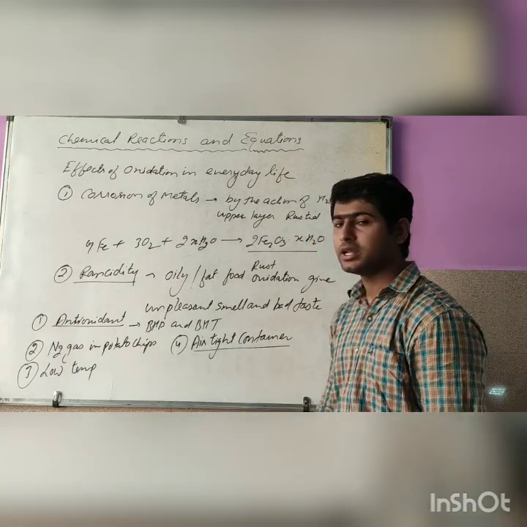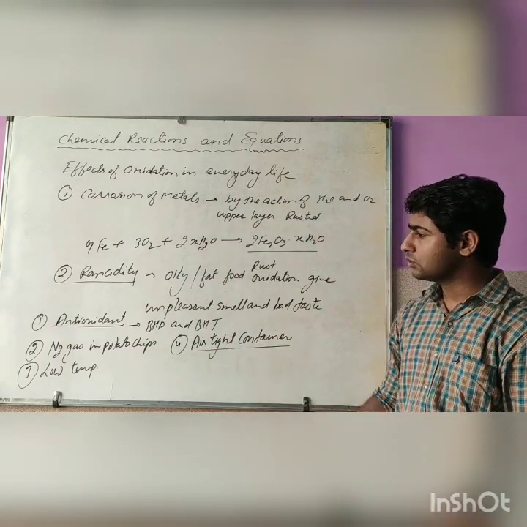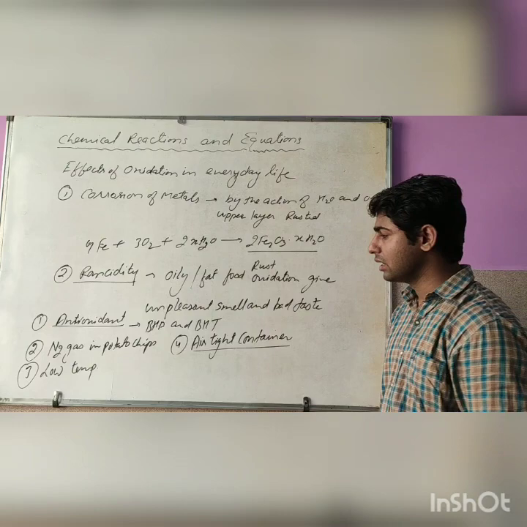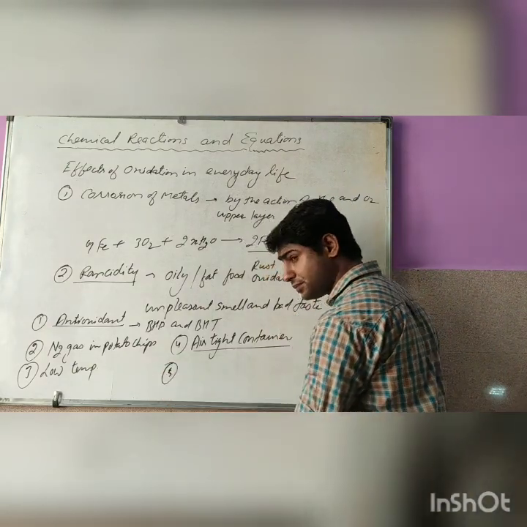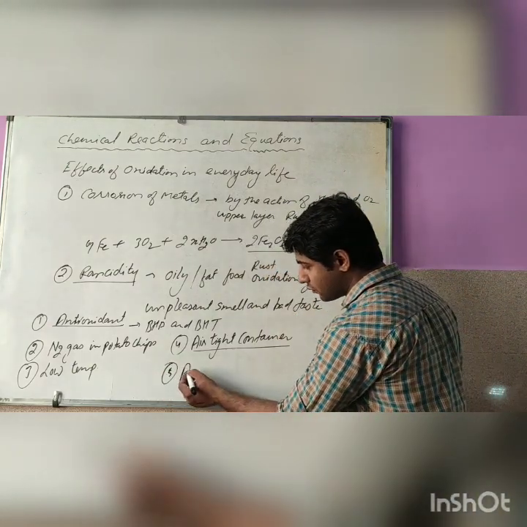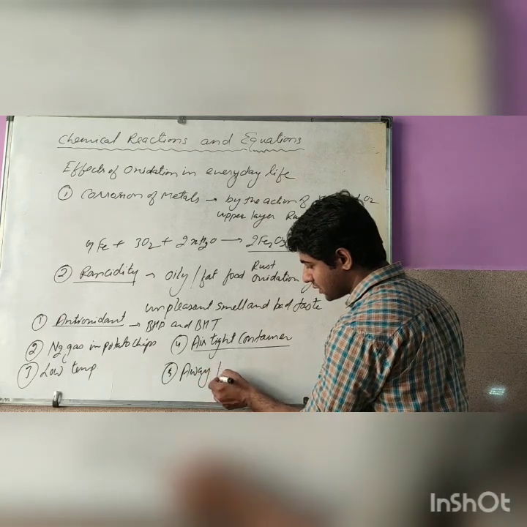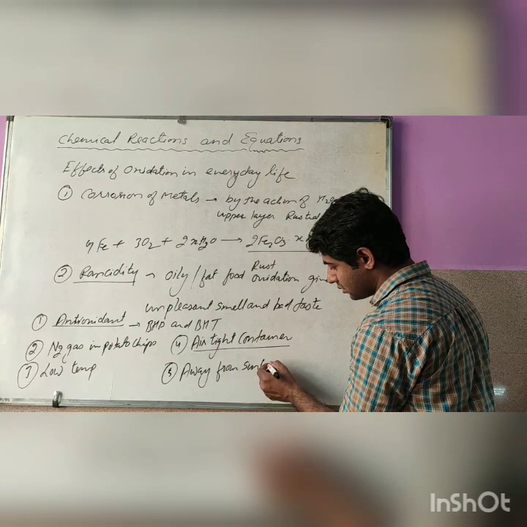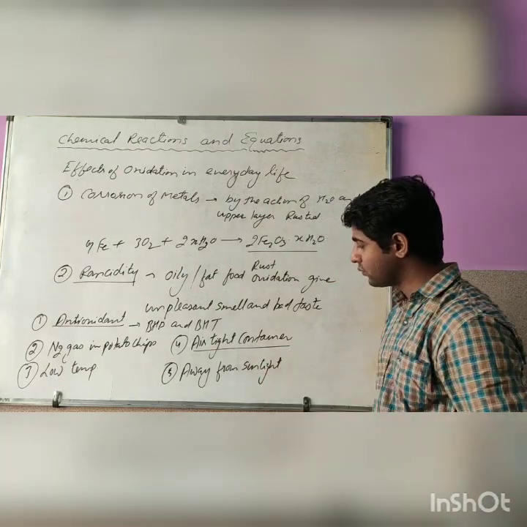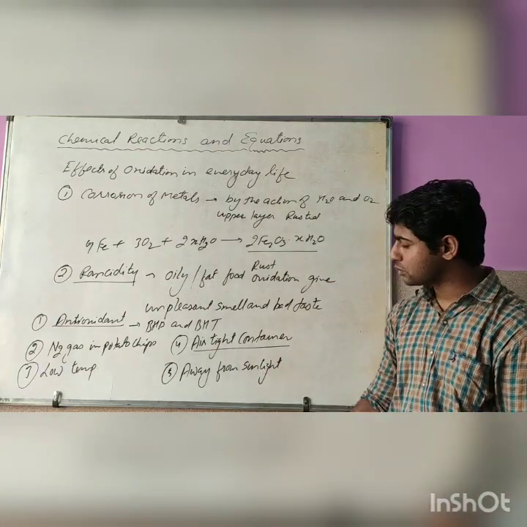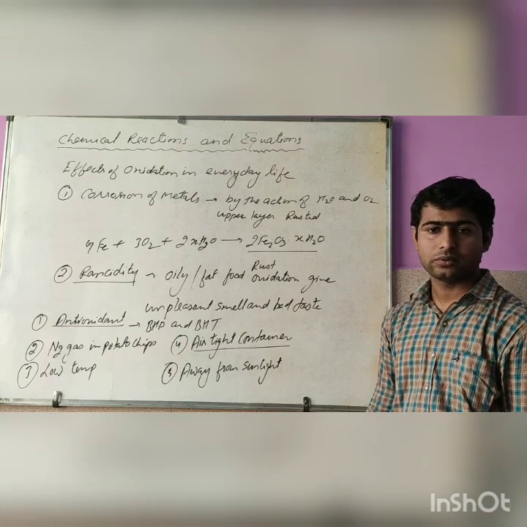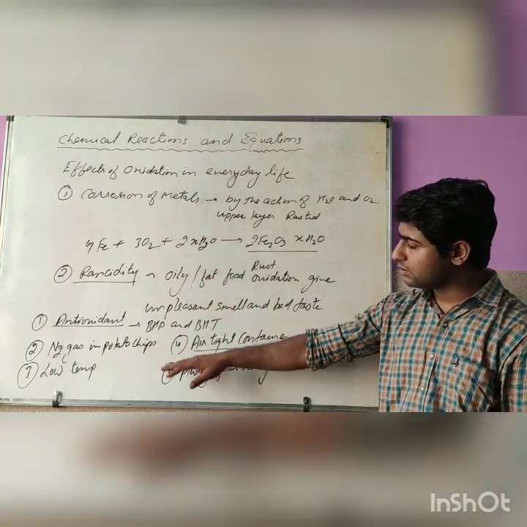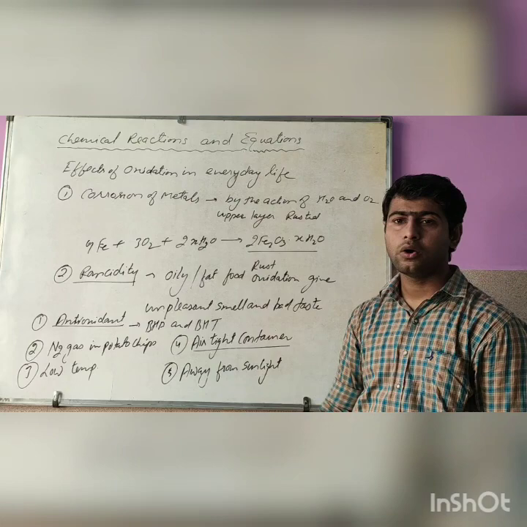If we keep the food in airtight containers, we can prevent oxidation. And the last one, the fifth one, is by keeping the food away from sunlight. If we keep the food away from sunlight, the process of oxidation can be slowed down. So these are the 5 different methods by which we can prevent rancidity.